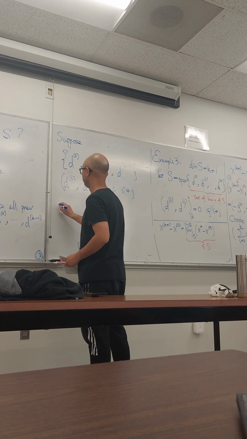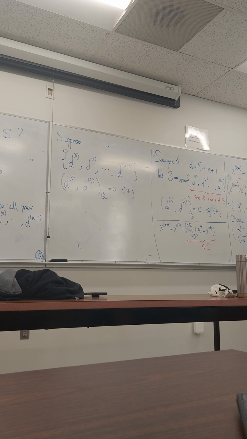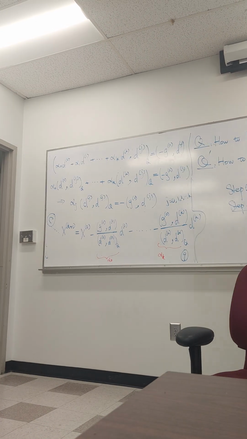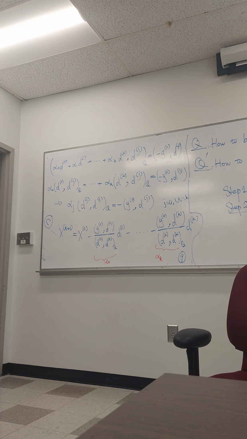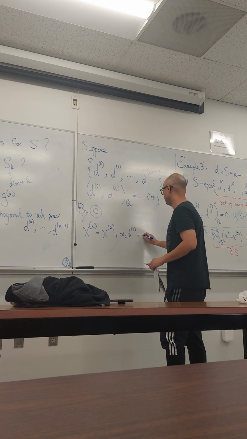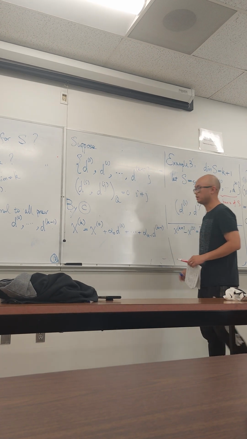Then we have our xk. Let's name this formula conjugate, so C. By C, the kth iterate is equal to, we start from x0, and we have plus alpha 0 d0 plus, up until, alpha k minus 1 dk minus 1.